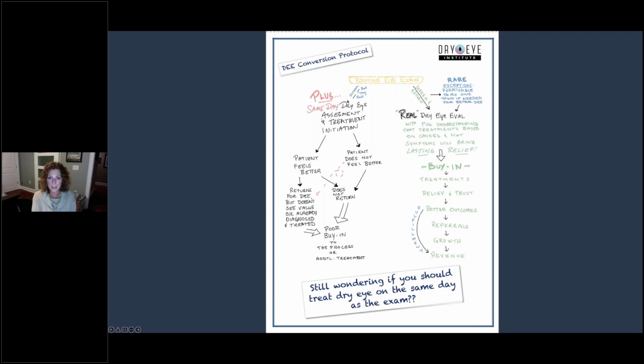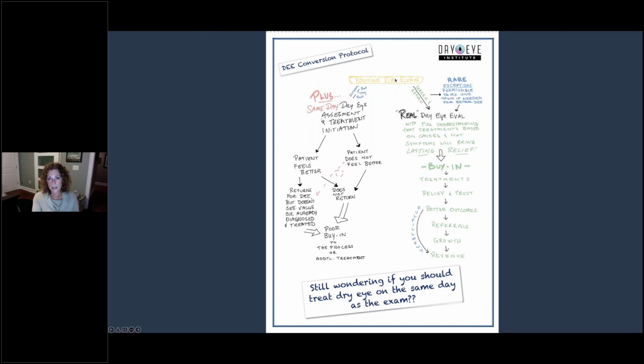Or you gave them something on the first day, they don't feel better, and now they don't return because they don't think you know what you're doing. So either way, this is just not a great scenario. Ultimately, we want their outcomes, but sometimes we have to speak their language. We have to do it in a way where it's going to feel like it's their idea. You know, it's going to make sense to them.